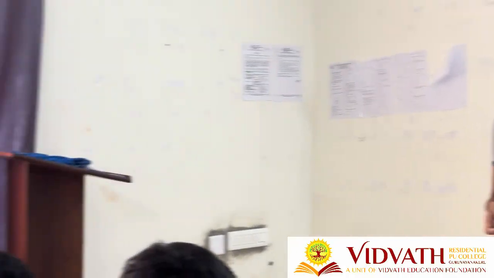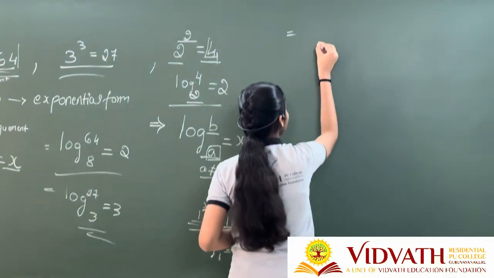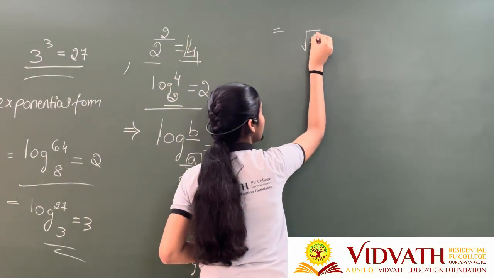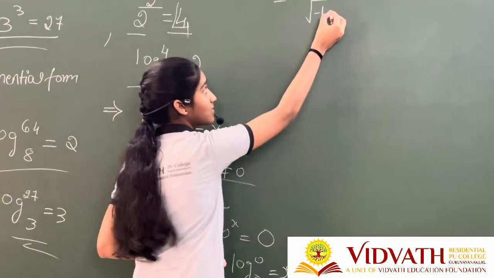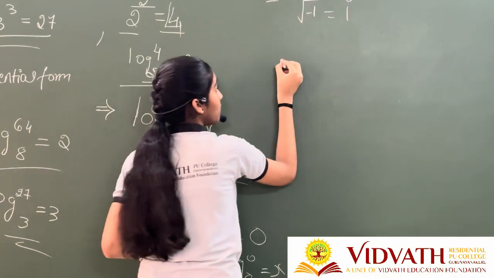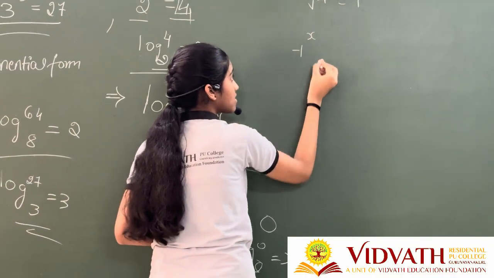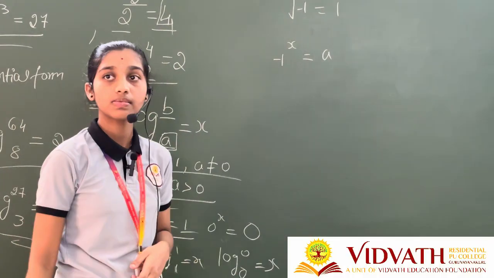Integers, whole numbers, all are included. What is this? It is denoted as i. If we take minus 1 to the power x equals something a, apply logarithm to this.